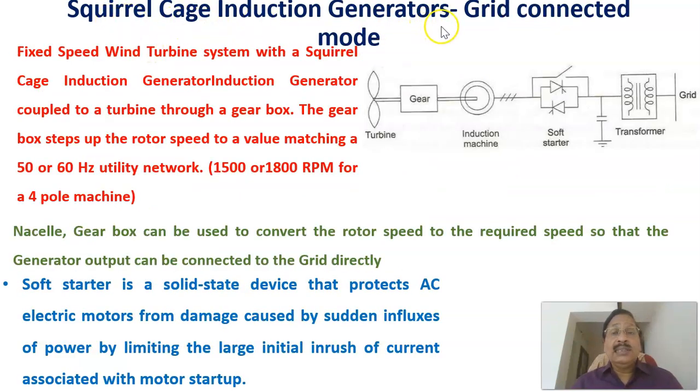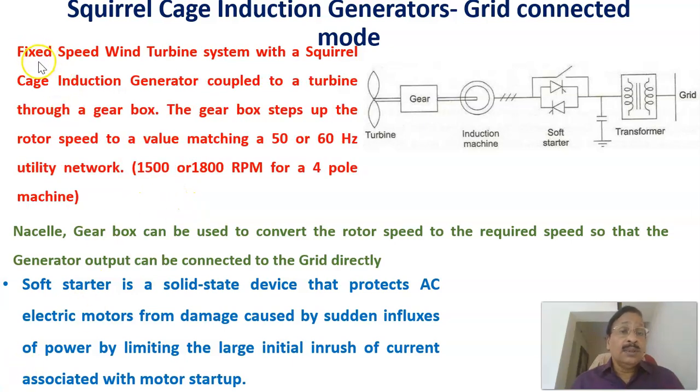Continuing with the squirrel cage induction generator, it is connected in grid connected mode, in a fixed speed wind turbine system with a squirrel cage induction generator coupled to a turbine through a gearbox.